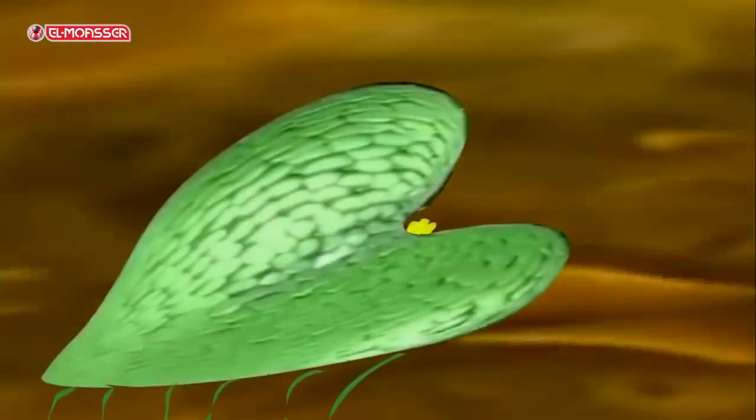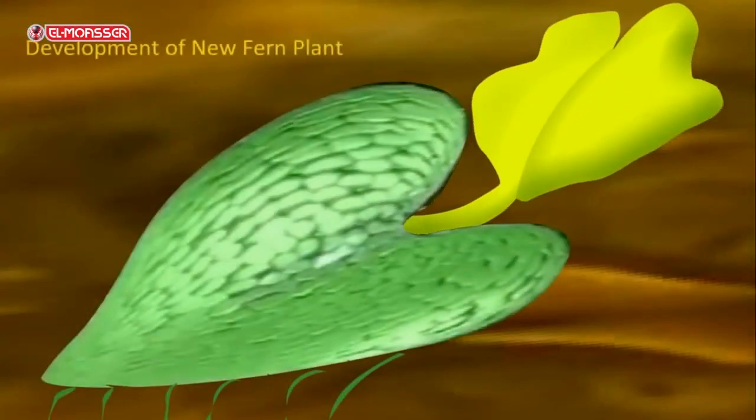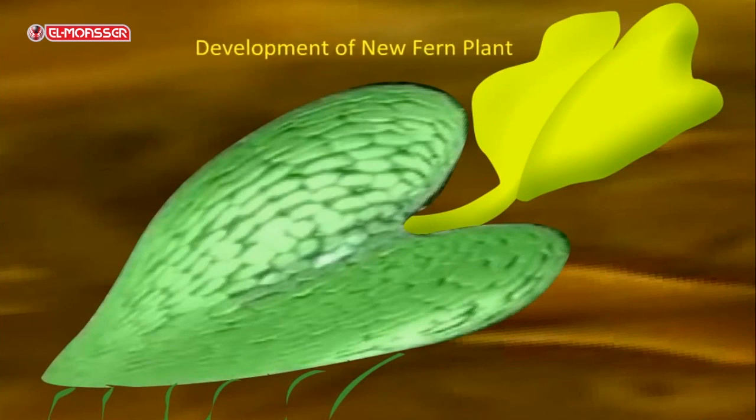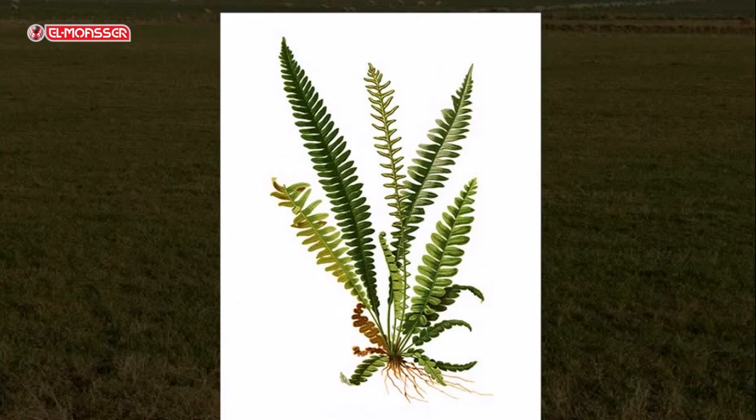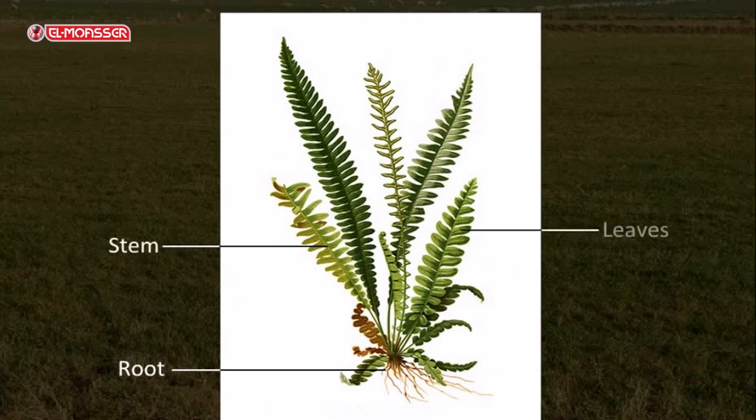The zygote divides mitotically to form a new sporophyte that grows over the gametophyte and depends on it for a short time till it develops its own roots, stem, and leaves, and the gametophyte starts to degenerate while the sporophyte grows to repeat the life cycle.